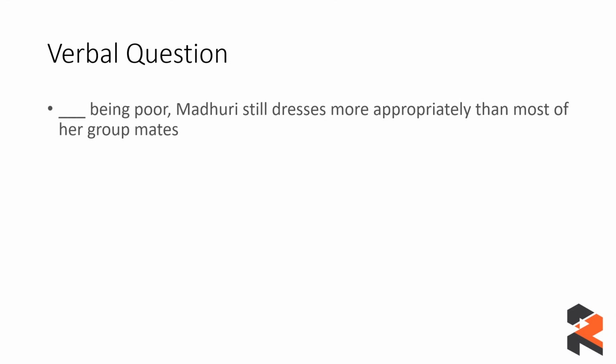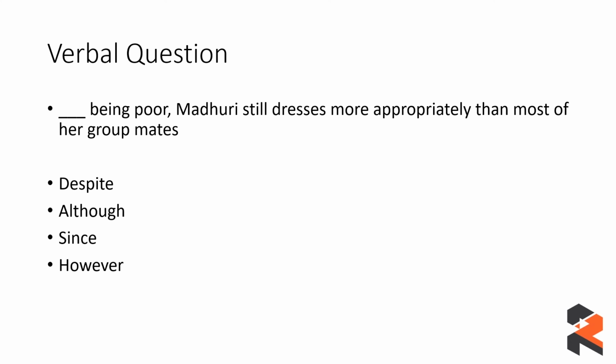The next question is again a verbal one. So, Dash being poor, Madhuri still dresses more appropriately than most of her group mates. So, now what are the options which we have? You know that since is used for something referring to the past, however is used in condition to another sentence, and although is again similar to how however will be used, wherein we have a previous sentence over which we are commenting something.